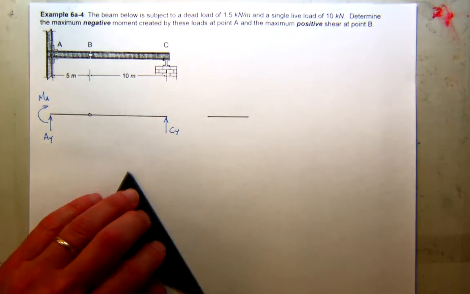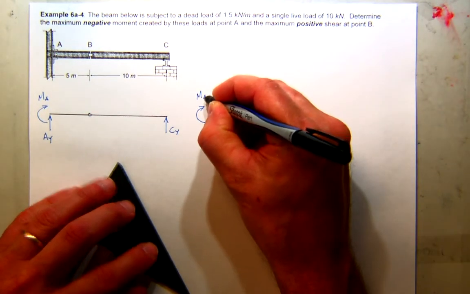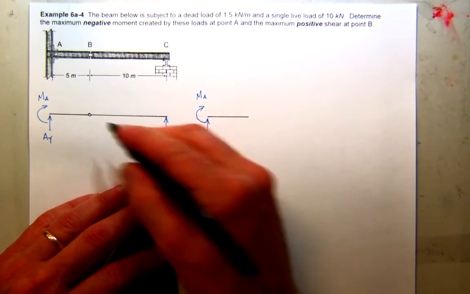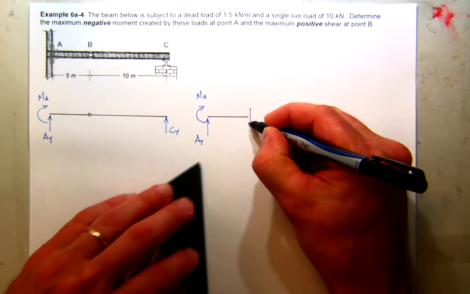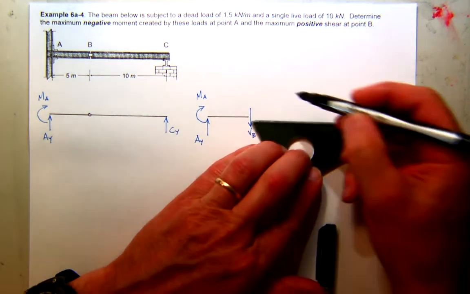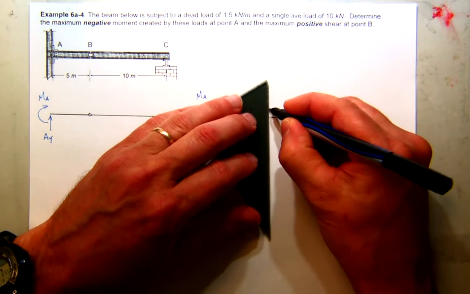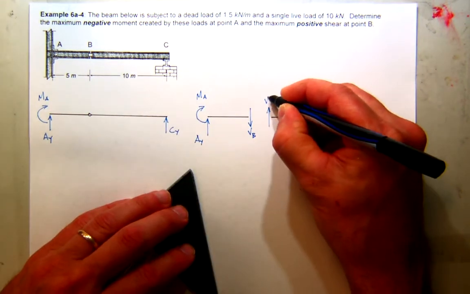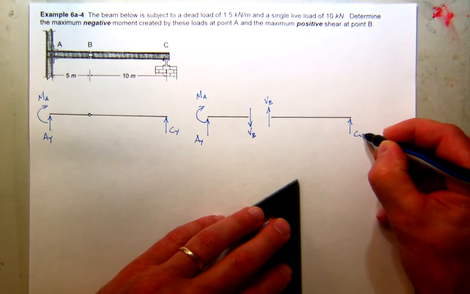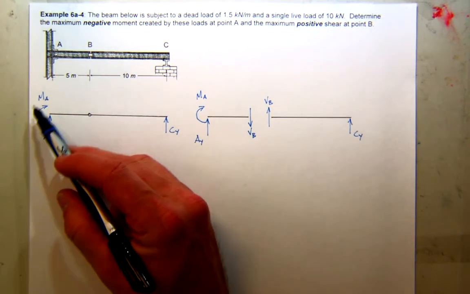I'll have one free body with my moment at A, my reaction at A, and then the shear at B here, and on the opposite side, the same shear at B, equal and opposite, and then my reaction at C. So there's conceptually what I need to do. Now remember, my goal is to find the moment at A.